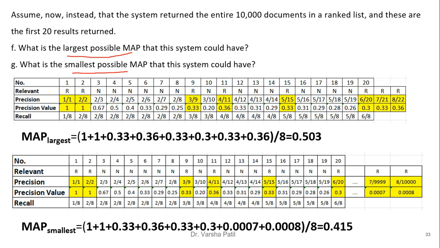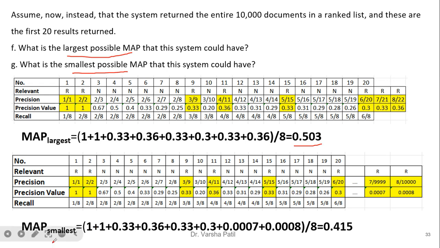Here we observe that when we want a good MAP, the documents should be retrieved immediately. So we assume that after 20, the remaining 2 relevant documents are retrieved at 21 and 22 immediately, because up to 20 six relevant documents have been retrieved. We calculated that score, and we get the MAP as 0.503.